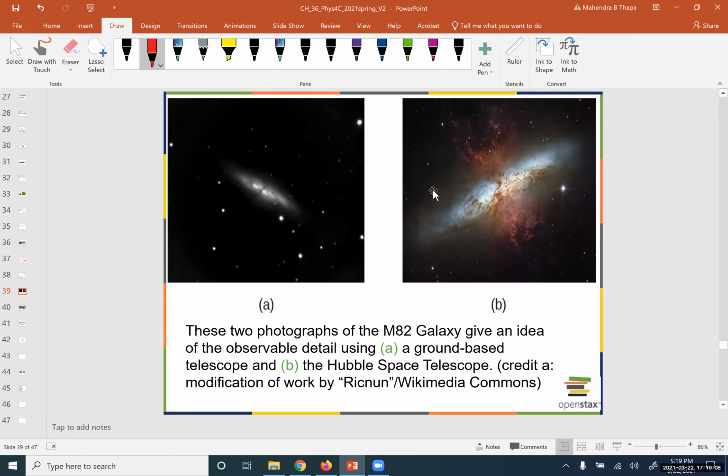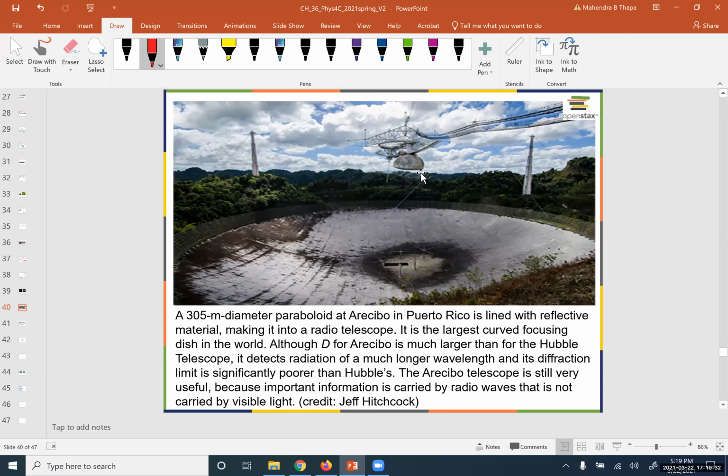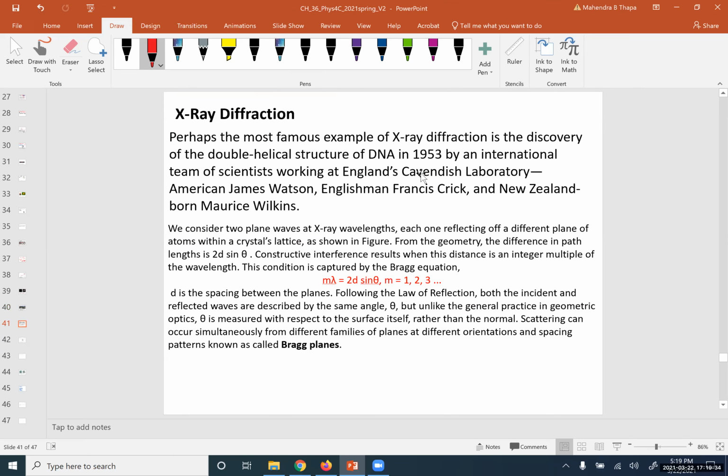So this is the image of a photograph taken using a ground-based telescope and the Hubble Space Telescope.